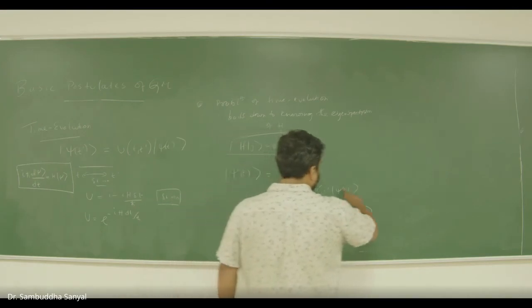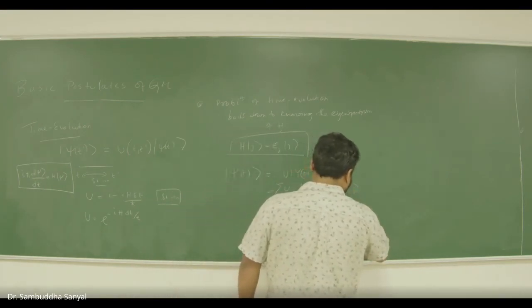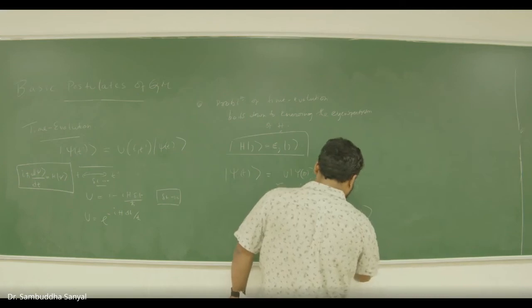Okay? Because I want to connect it with something static. So I call it C j 0.